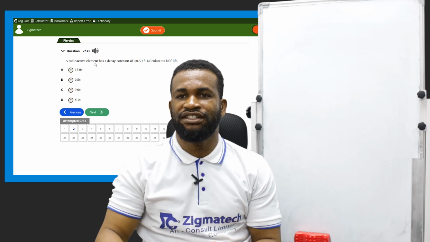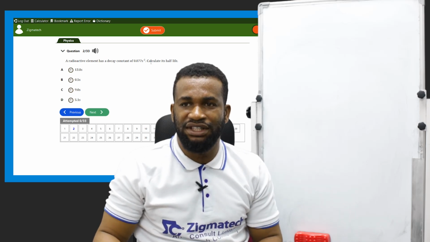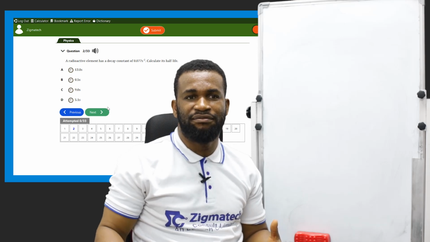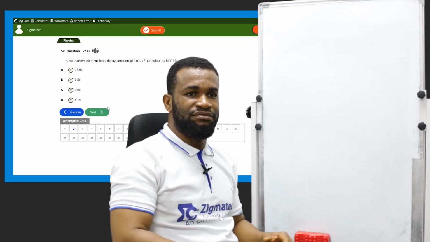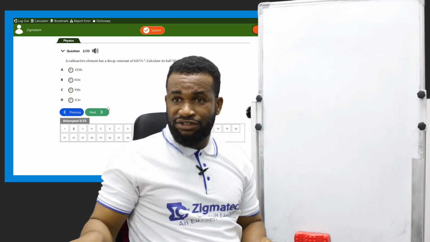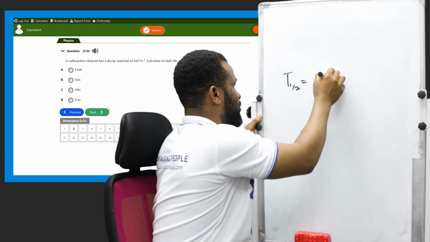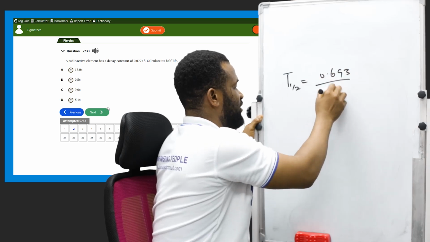So we go further, we said, okay. A radioactive element has a decay constant of this, calculate its half-life. We have done a question that looks like this. But then let's look at this question. T half-life is equal to 0.693 all over lambda.